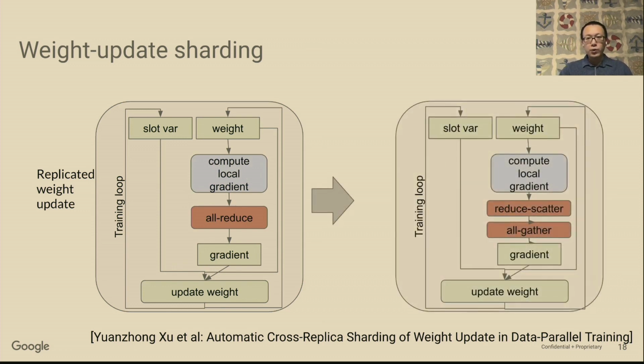The way we do this is that we first split the all reduce operation into two operations. The first is a reduce scatter operation, which is basically the same as all reduce, except the output only has one shard of correct accumulated inputs. The second operation is called all gather.